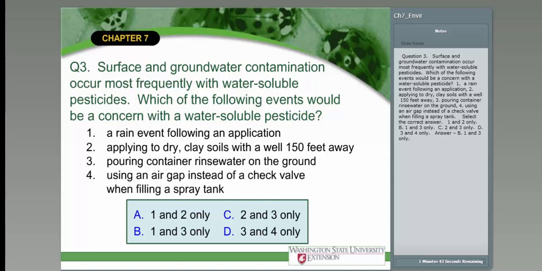Using an air gap instead of a check valve when filling a spray tank. Select the correct answer. A. 1 and 2 only. B. 1 and 3 only. C. 2 and 3 only. D. 3 and 4 only. The correct answer is B, 1 and 3 only.